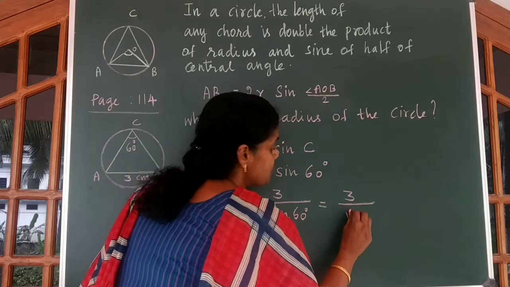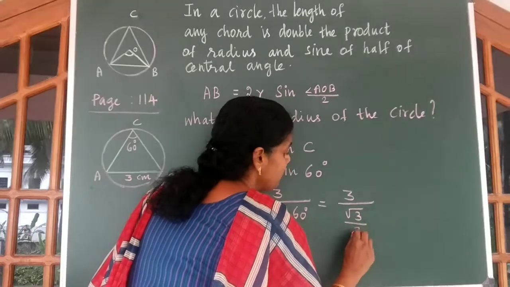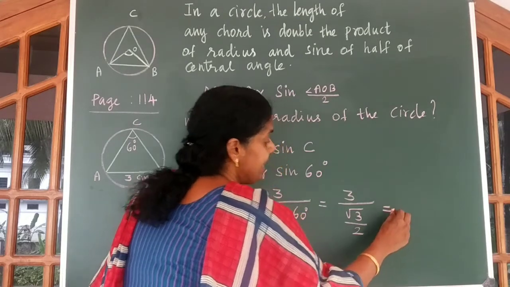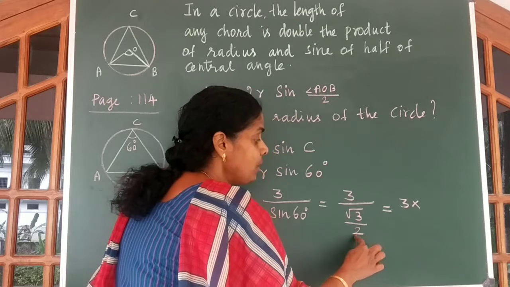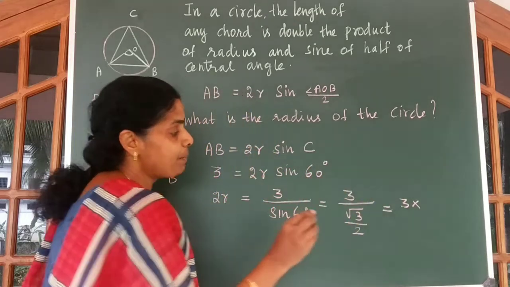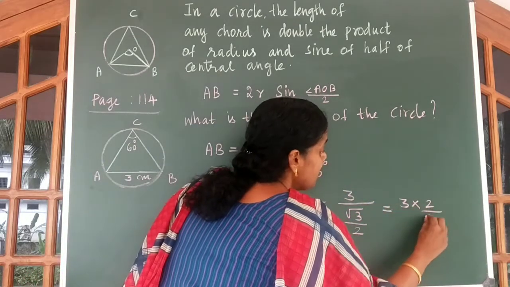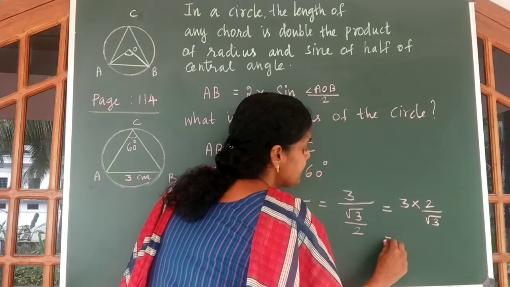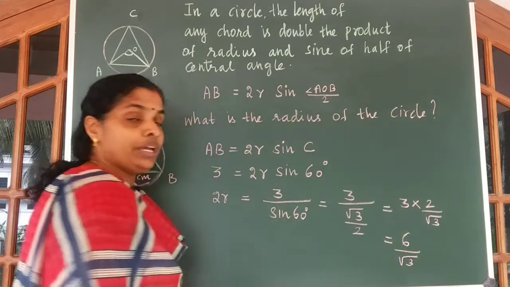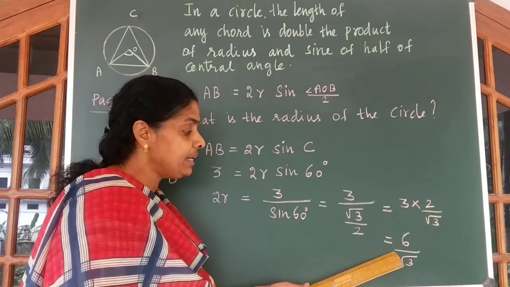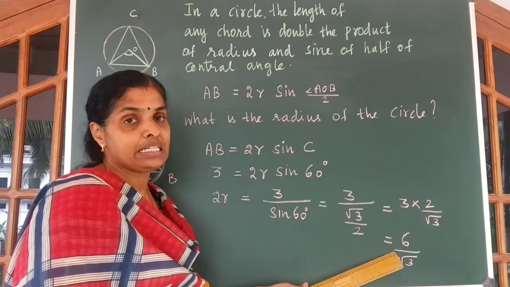So if you substitute root 3 by 2, you will get 3 divided by root 3 by 2. When taken to the numerator it becomes 2 by root 3. So the answer is 6 divided by root 3. Now we know the denominator should not be an irrational number.